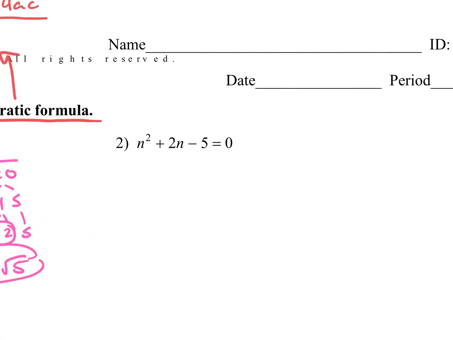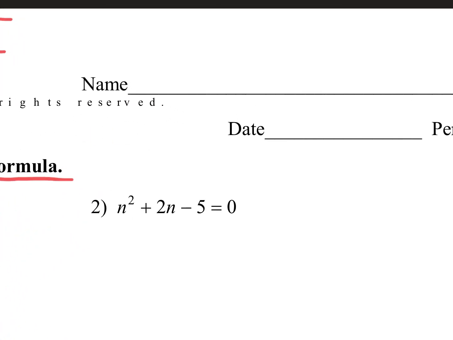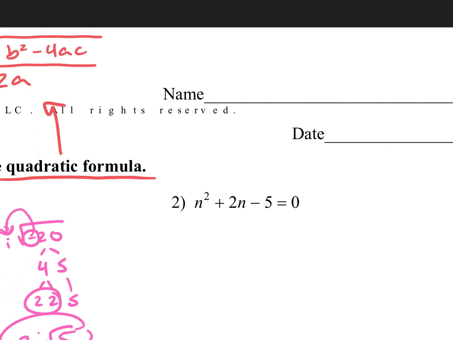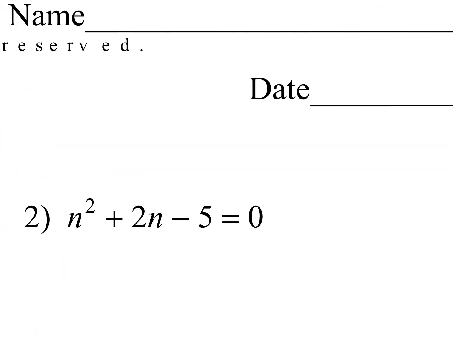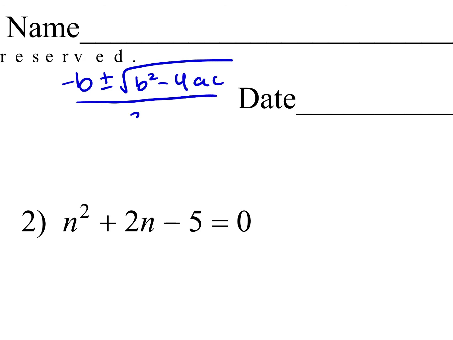So we're going to do the even ones together. For your test tomorrow, you have to know the quadratic formula. What's the quadratic formula? Over 2a. So this is our quadratic formula.